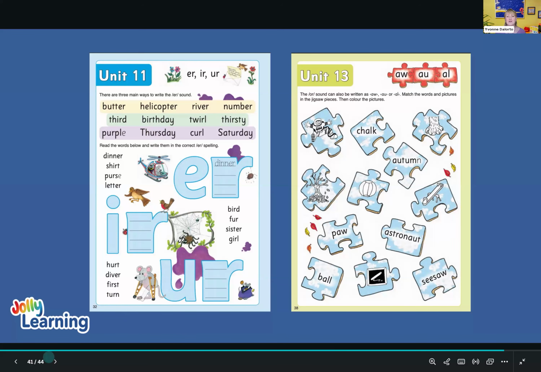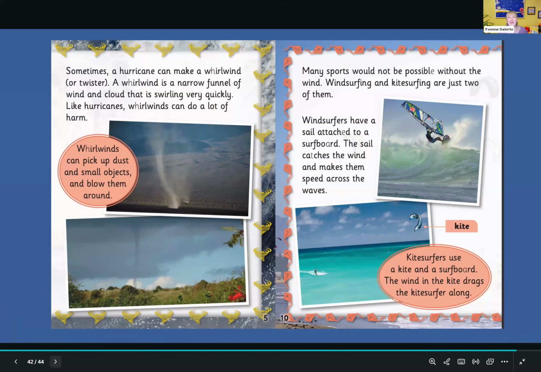And decodable readers. We have beautiful books that children can use, but more than anything, how are we using these books? Because besides the decodable readers being a place where children can put all that knowledge together, they're suddenly learning that those sounds that I've learned, I can blend and segment, I can read.